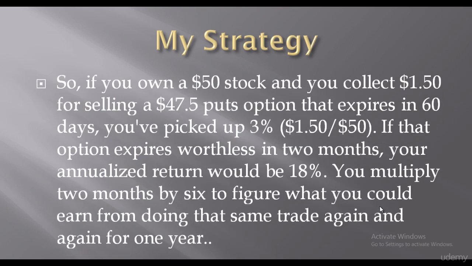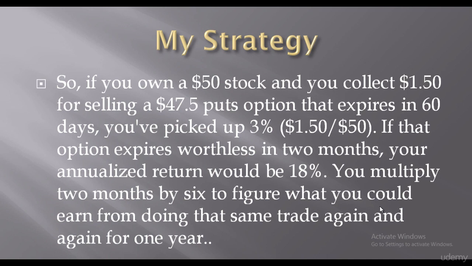Now to explain you in clear terms, if you own a $50 stock and you collect $1.50 for selling a $47.5 put option that expires, let's say, in 60 days, then you have picked up 3% return within 2 months.